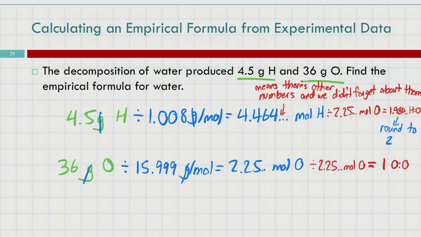It'd be something ridiculous. So for things to be reasonable, we're going to round that to 2. So we've got 2 hydrogens for every oxygen, 1 oxygen for every oxygen. So the 2 becomes a subscript for hydrogen, the 1 becomes a subscript for oxygens. So H2O.